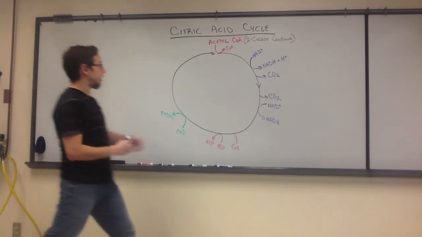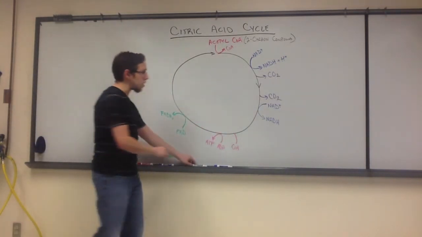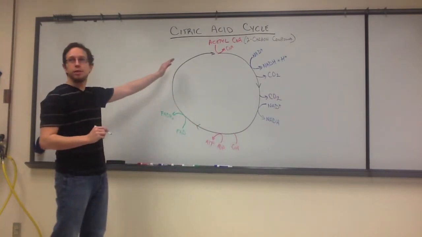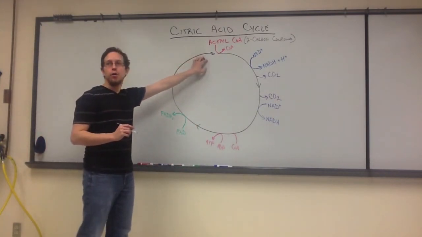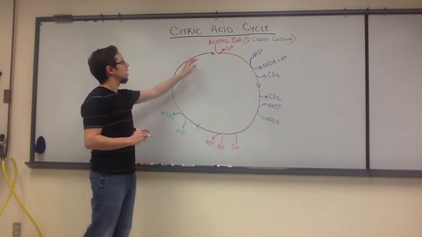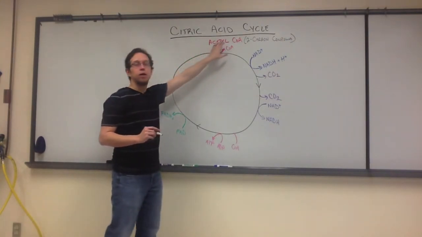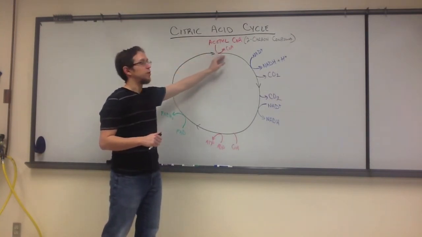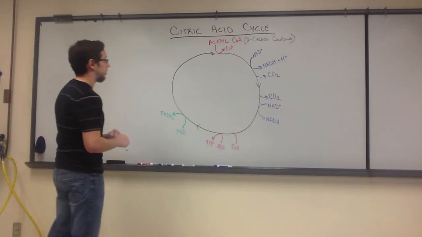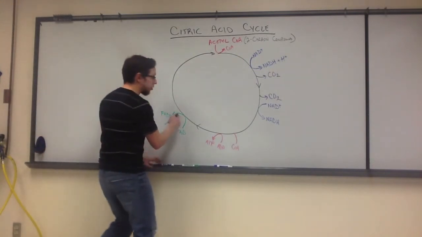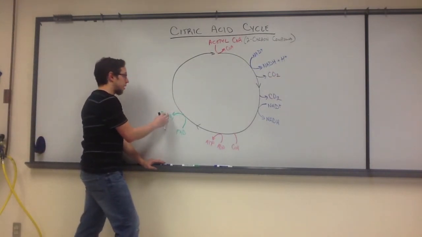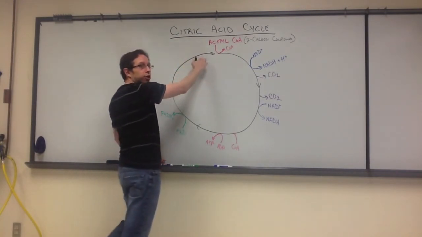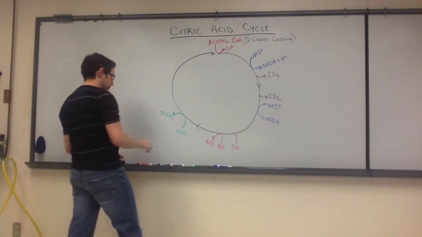Okay? So at this point in time in the cycle, we've removed the 2 carbons that we wanted to remove, and now what we're attempting to do is regenerate oxaloacetate, that 4-carbon compound that was here in the cycle that allowed us to attach acetyl-CoA initially to that molecule, forming our 6-carbon compound of citrate. So we're going to systematically now remove electrons on our way to again generating that 4-carbon compound of oxaloacetate.